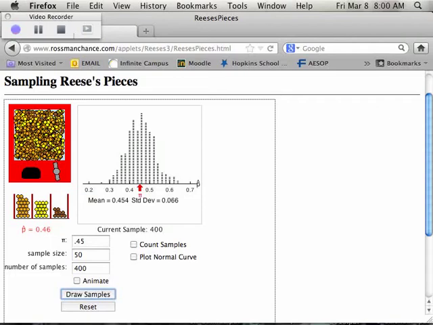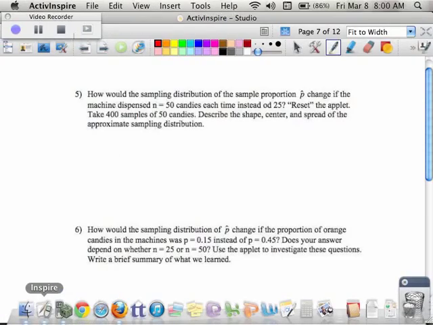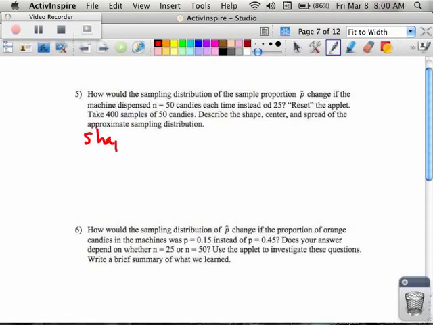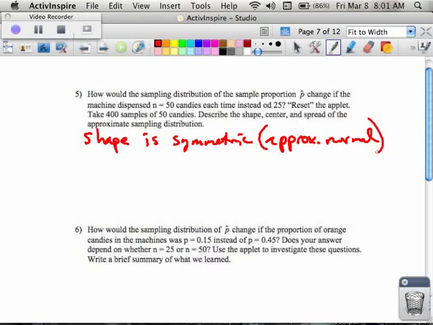So now I'm going to go back to our notes and answer these questions. First question said, what about the shape? So the shape is symmetric, again, or we say approximately normal, which sometimes people have talked about as a bell curve, but we don't talk about it that way necessarily specifically.